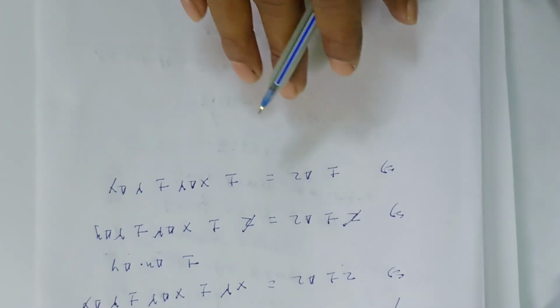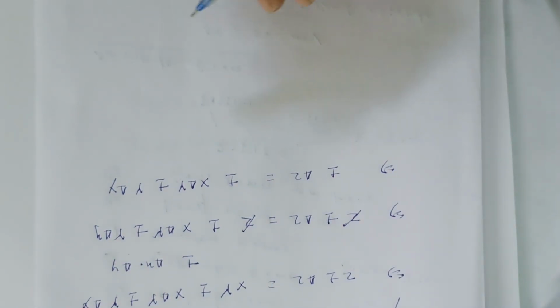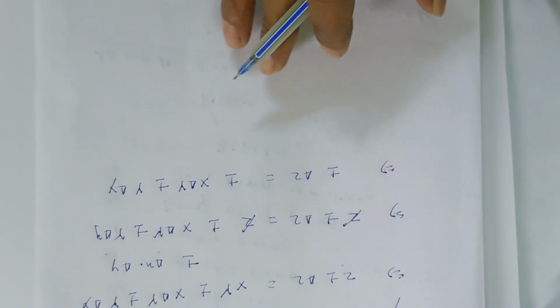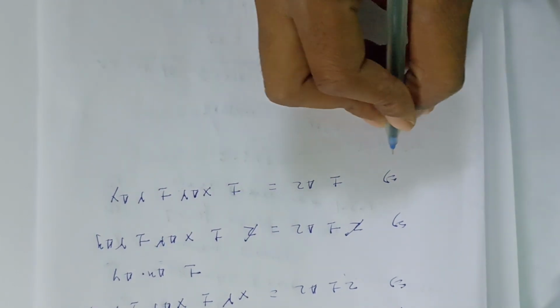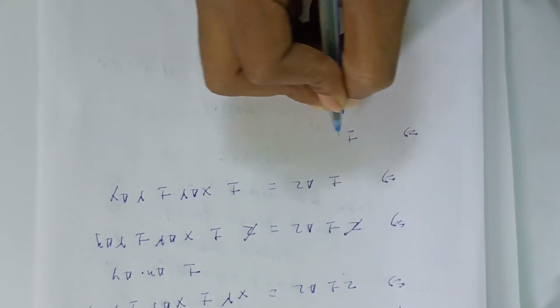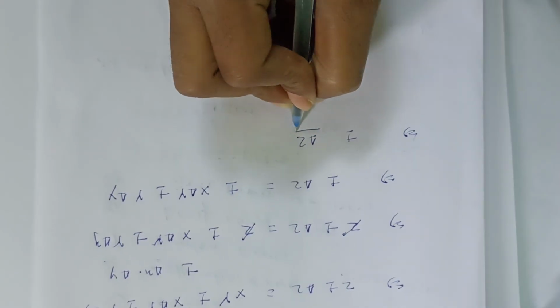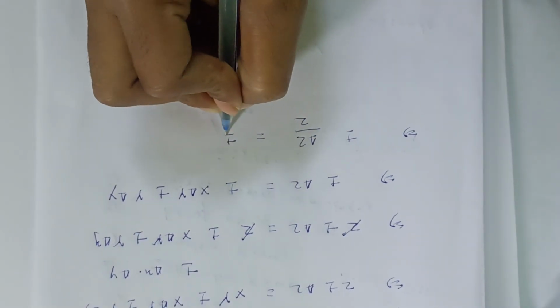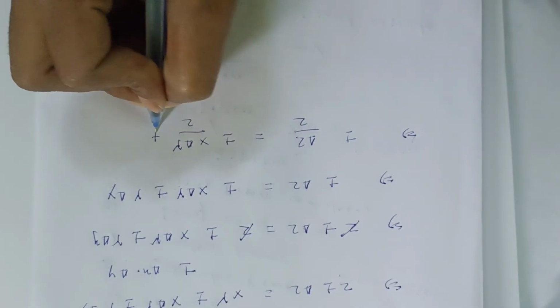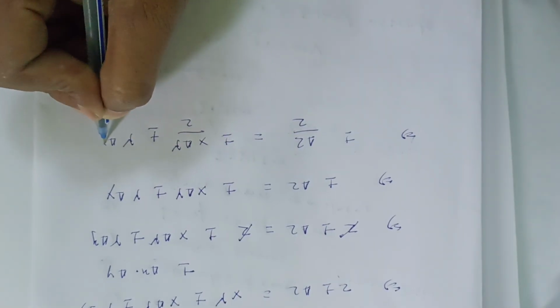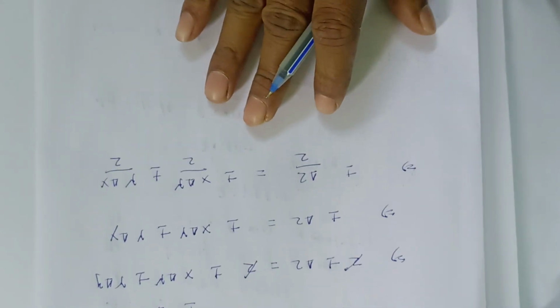So dividing both the sides of this equation by z: plus minus del z by z equal to plus minus x del y by z plus minus y del x by z.